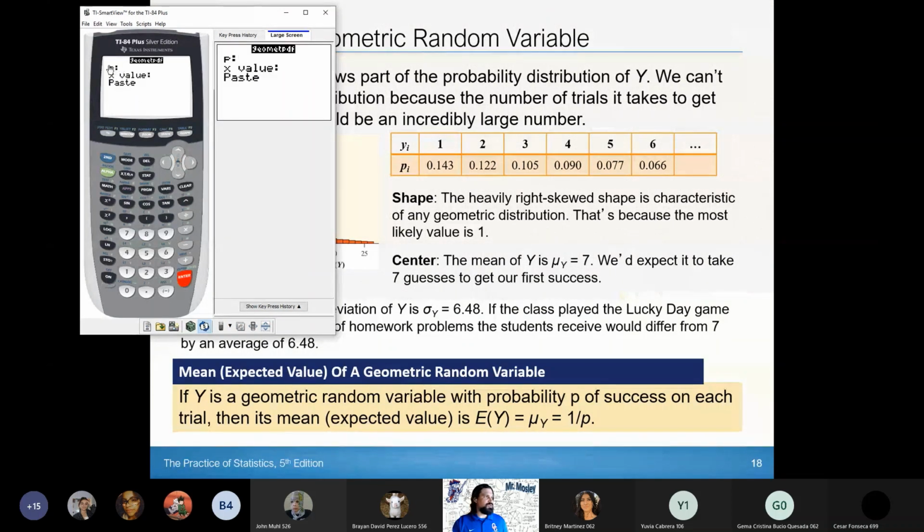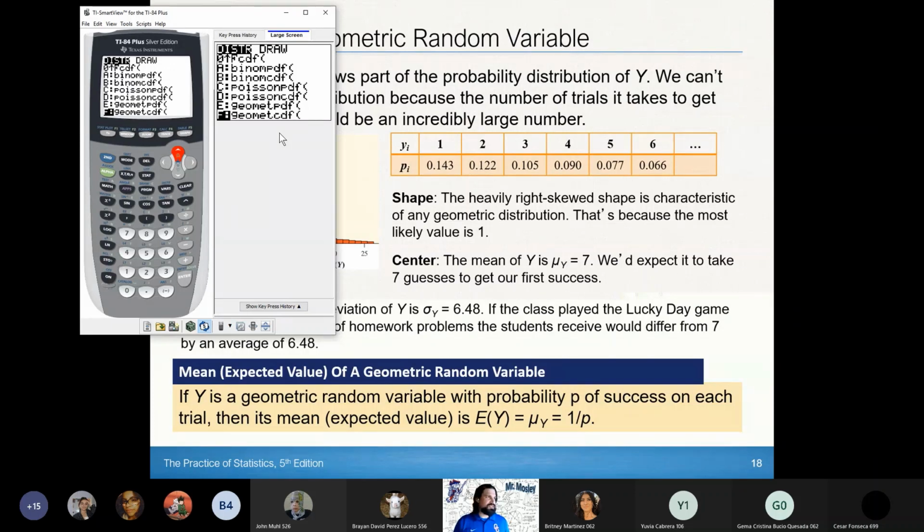In these cases, the parameters will be the probability of success and number of trials to get first success. So in this case, there is no n. We don't have to enter the total number of trials because we don't know. Then the geomet CDF is for the probability of y being less than or equal to k.